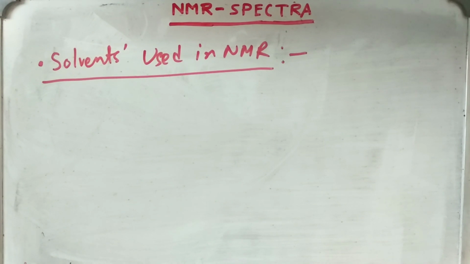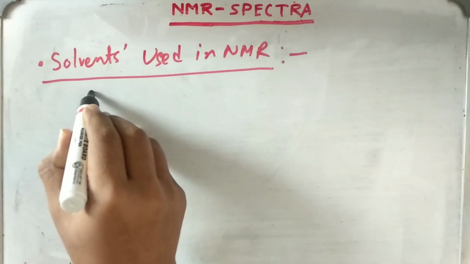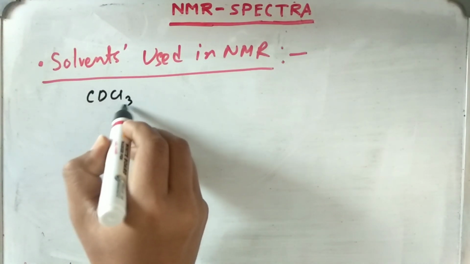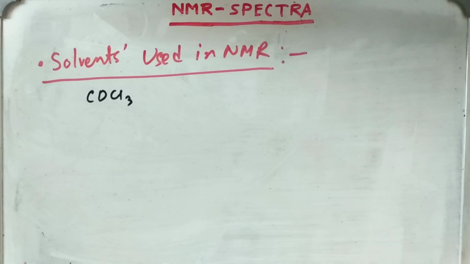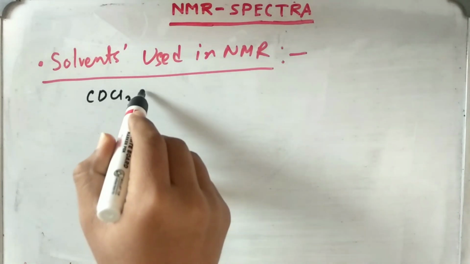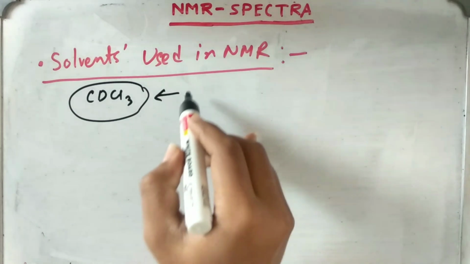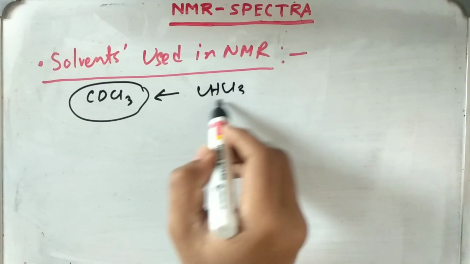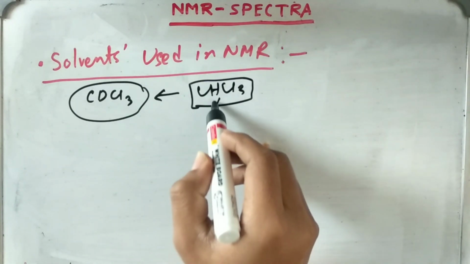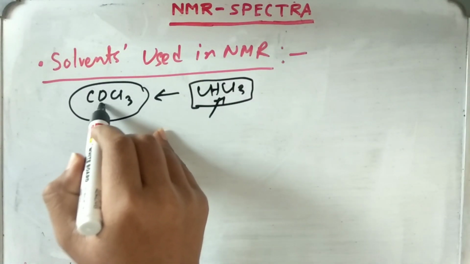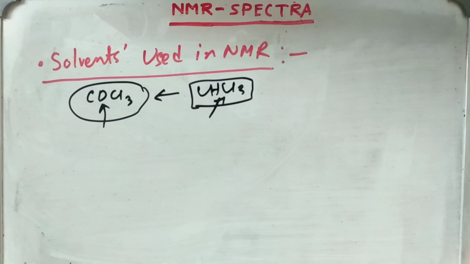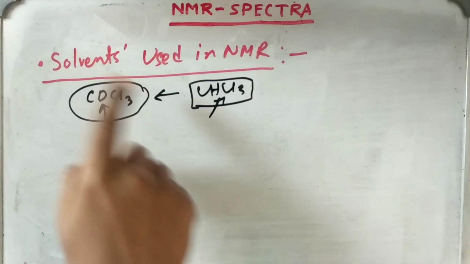In most cases the solvent used is CDCl3, that is deuteriochloroform. Most organic compounds are soluble in CDCl3. As we are considering proton NMR, we cannot use the hydrogen atom, so here we are using the deuterium atom. That is why it is CDCl3.